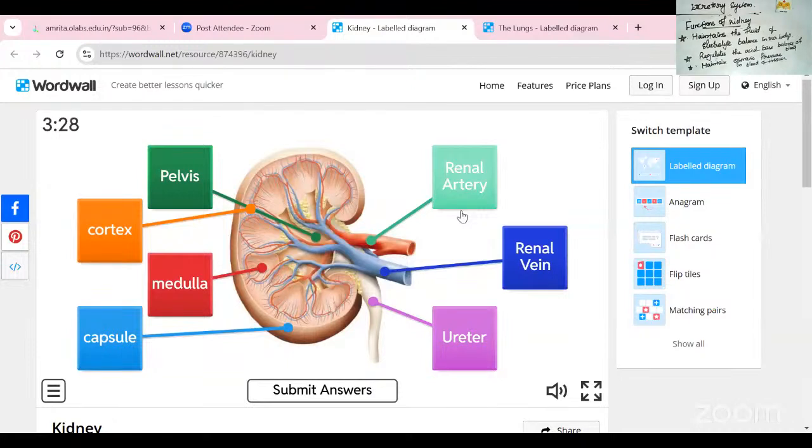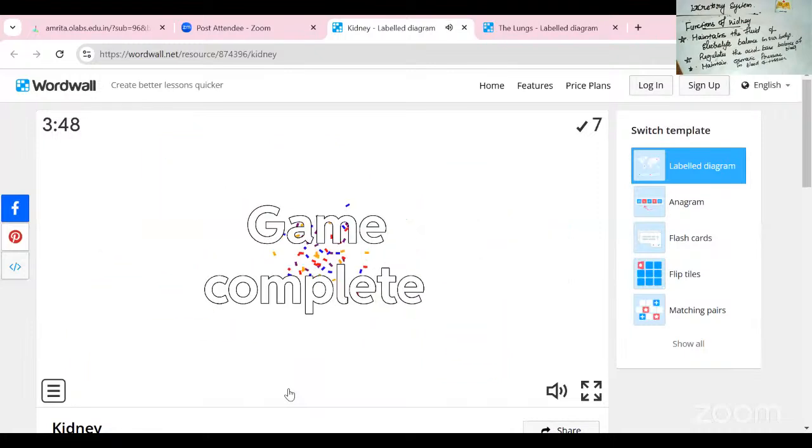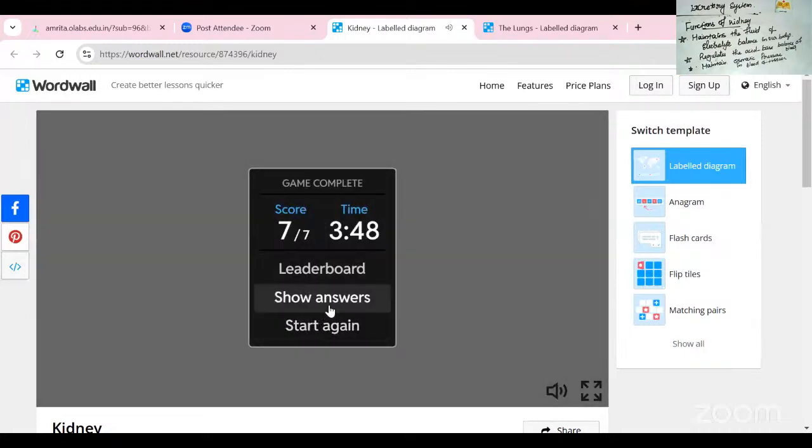This is ureter part. So this is the right structure of our human kidney. Okay, shall we submit the answer? Yes, all the parts are correct. Okay, so this is the right answer for that diagram.